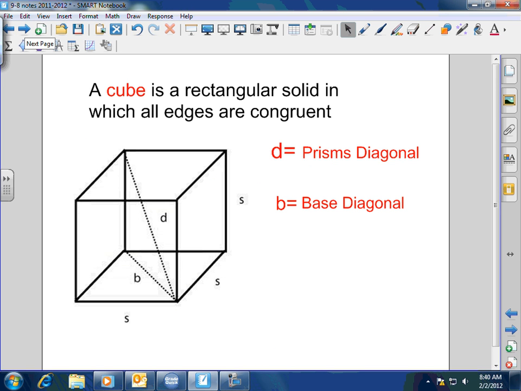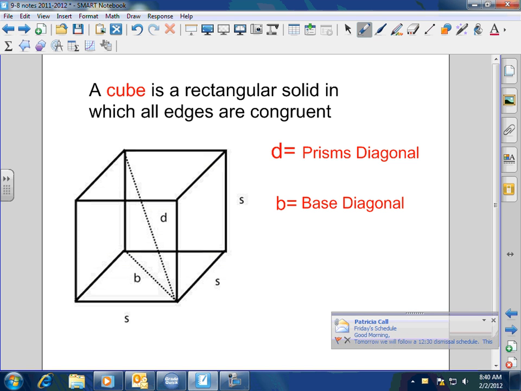Now, a cube is a rectangular solid in which all edges are congruent. I found this figure to be very helpful. These diagonals that I'm talking about, it does not matter whether it's a rectangular solid or a cube. The diagonal is going to have the same effect. When I have a diagonal coming from this corner through the center to this corner, and I connect it to the diagonal of the base, I'm going to form a right triangle.